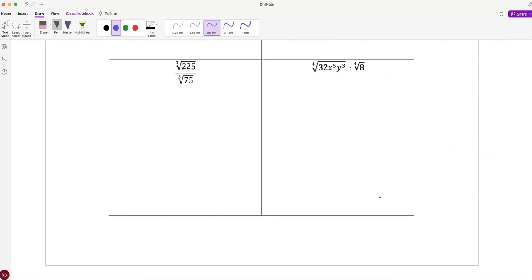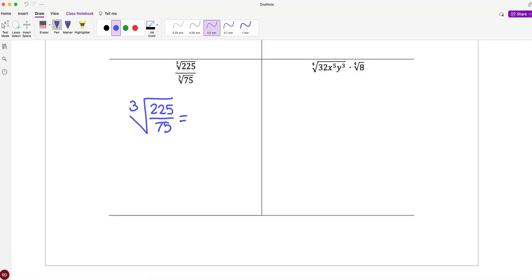Cube root of 225 over 75. This is the cube root of 225 over 75. So I've got to see, are there any perfect squares or perfect cubes in here for this particular one.